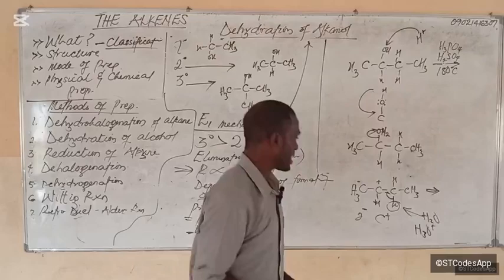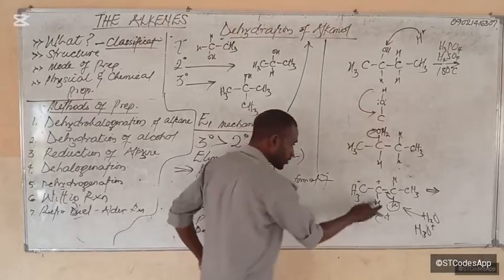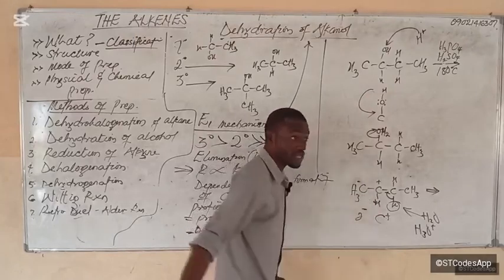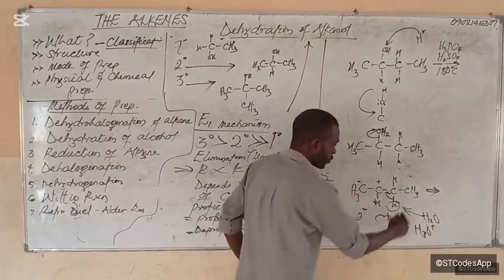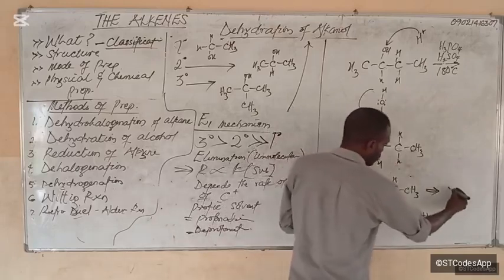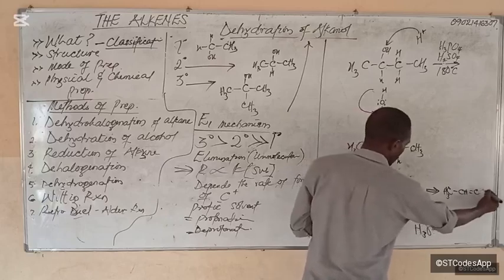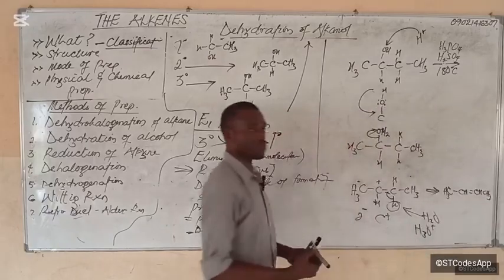Keeping in mind that Saytzeff's rule still holds. There are two possibilities: either this hydrogen here is abstracted or this hydrogen here is abstracted. So the major product is what I want to draw now. You have CH3, CH, double bond CH, and CH3. So this is going to be the major product.